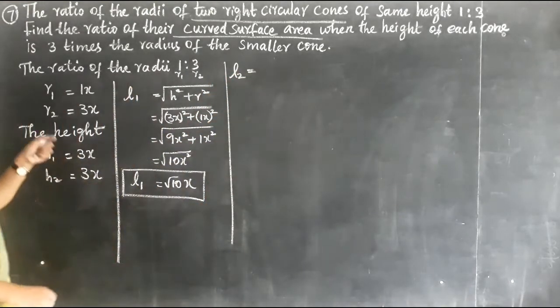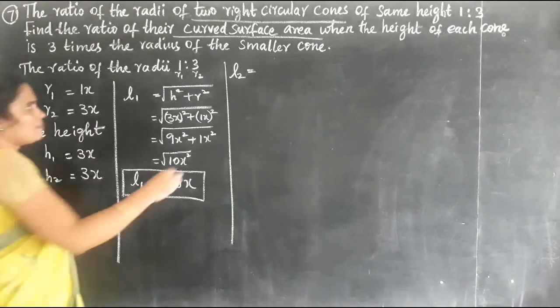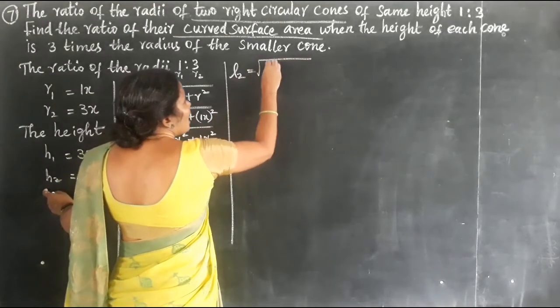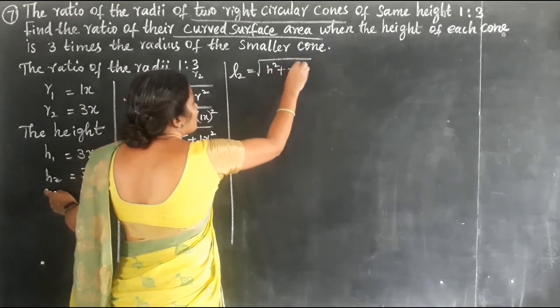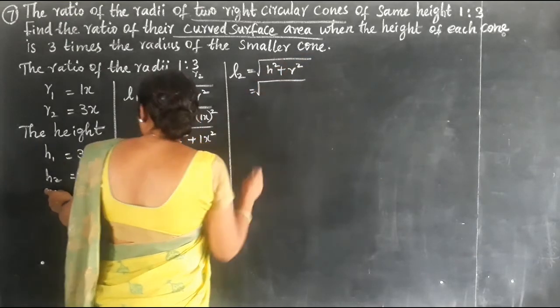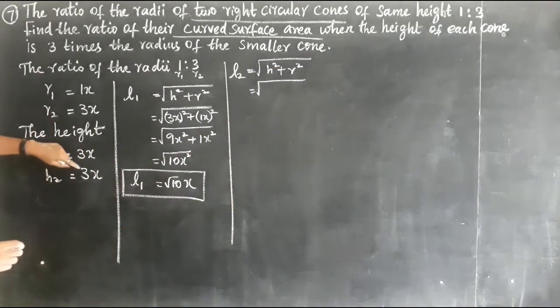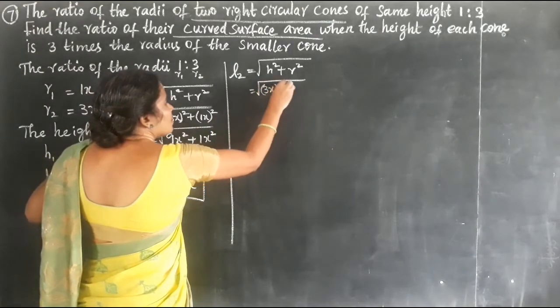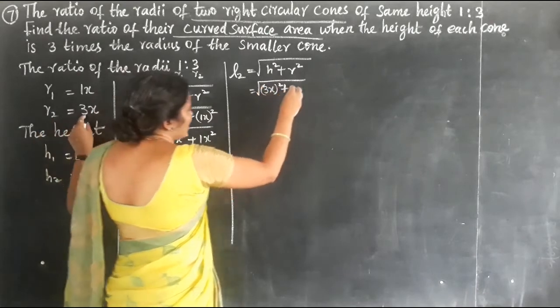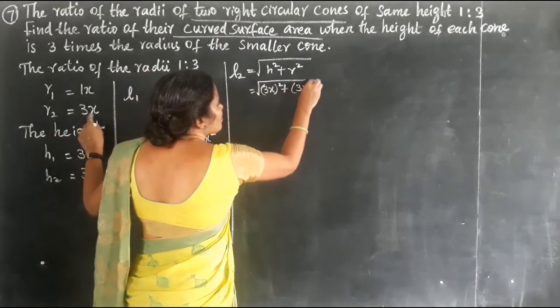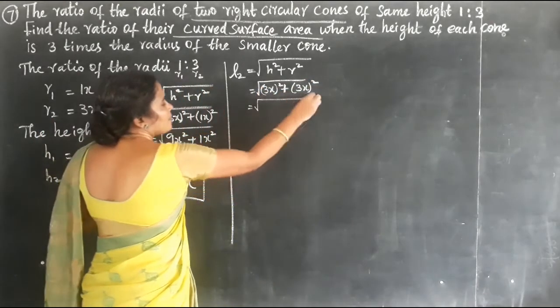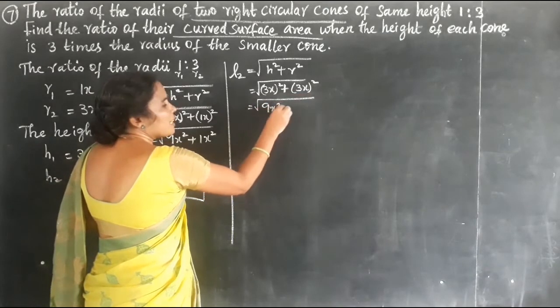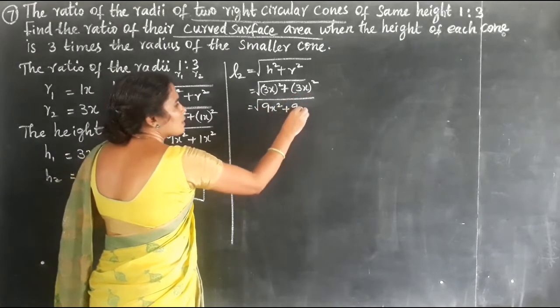Taking R2 and H2. Same here, L2 is equal to root of H square plus R square. H2 is 3x plus R2 is 3x. Okay, 3 into 3, 9x square plus 3 into 3, 9x square.